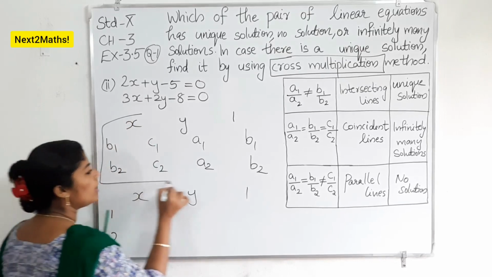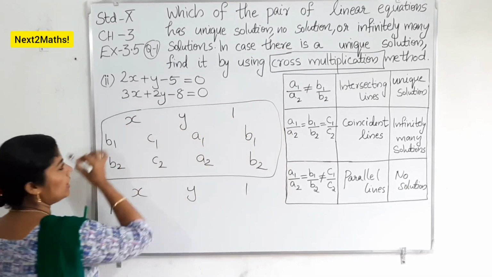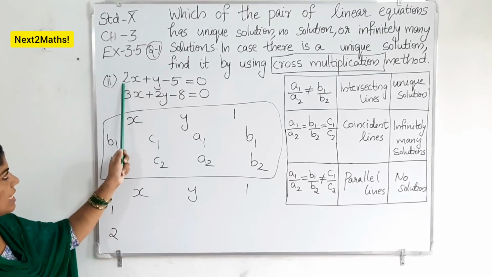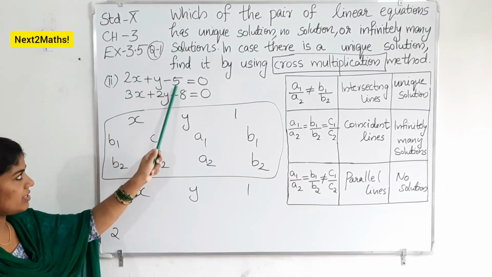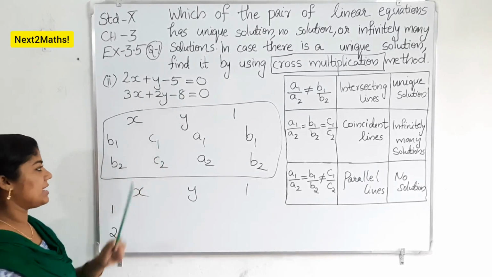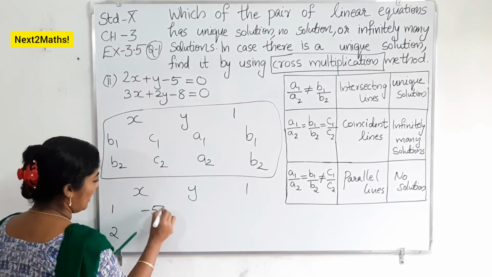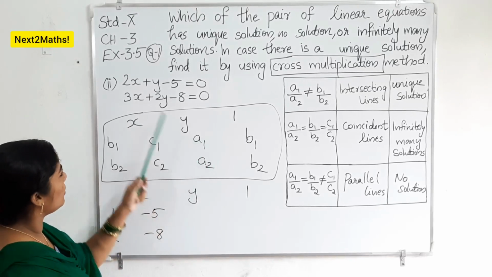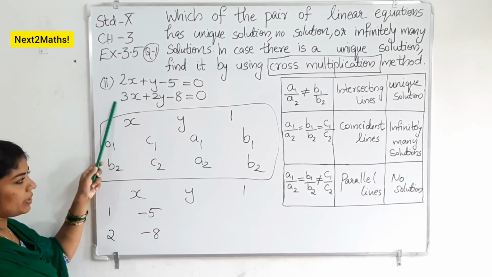See, this is our equation, only comparing the equation. What is c1? This is a1, b1, c1. So c1 is minus 5. Similarly c2 is minus 8. So here minus 5, minus 8. Both we have written. Next is a1, a2. So a1 is 2, a2 is 3.